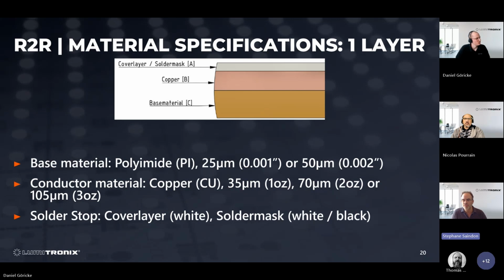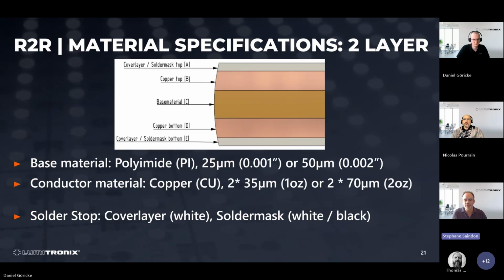The material we use is copper, either 35, 70 micron, in some cases 105 microns. So that would be 1 ounce, 2 ounce, or 3 ounce in North America. And as a protective layer, solder stop, we use coverlay. We try to use coverlay as much as possible, and in some cases solder mask. So that would be for one layer.